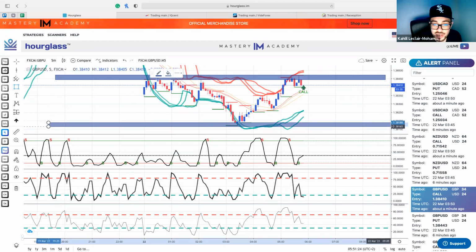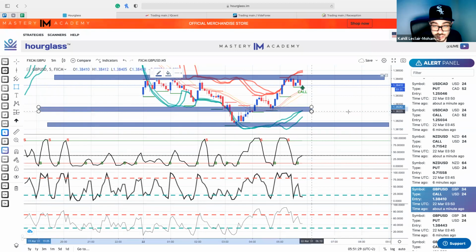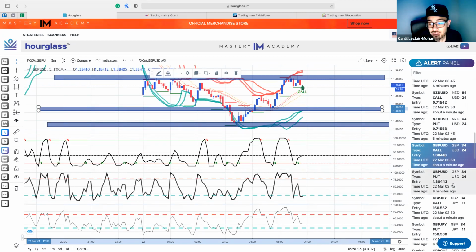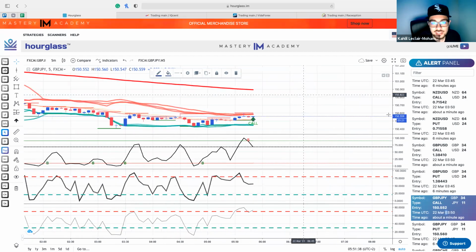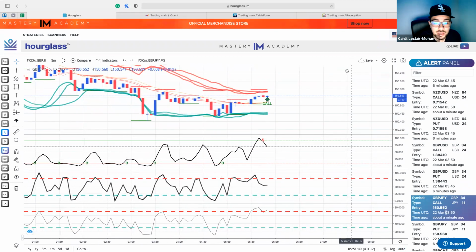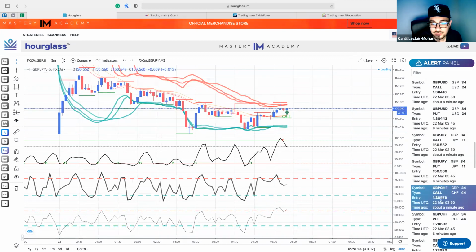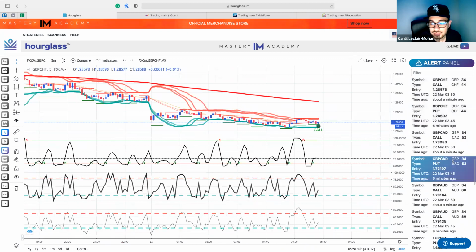If you can't identify areas of a floor or a ceiling, just don't trade. It's better to keep the money than to lose it. Live by that philosophy.